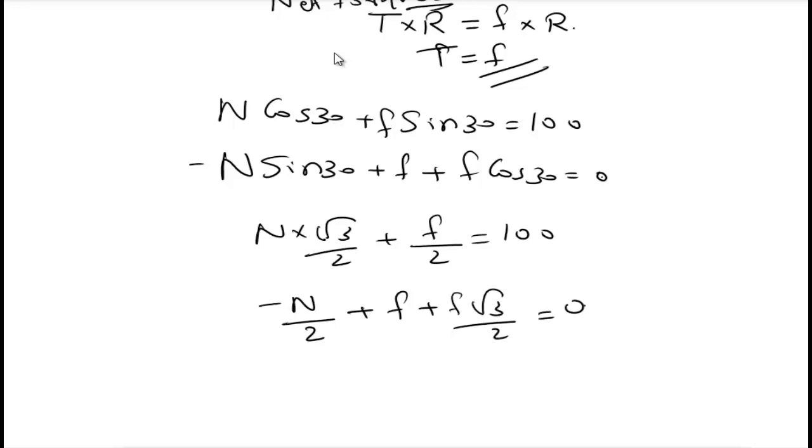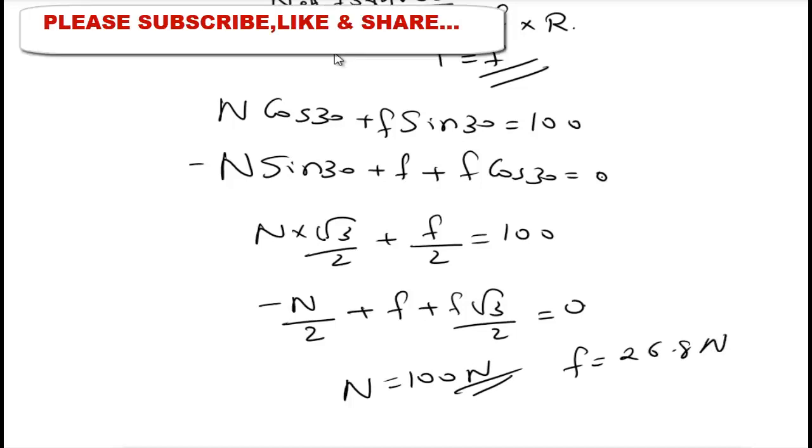When we solve this, we get the values of F and N. Final answer you can check: N equals 100 Newton and F equals 26.8 Newton. Since T equals F, T also has the same value, 26.8 Newton.